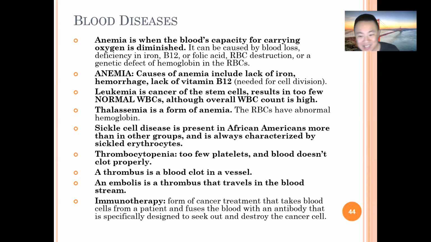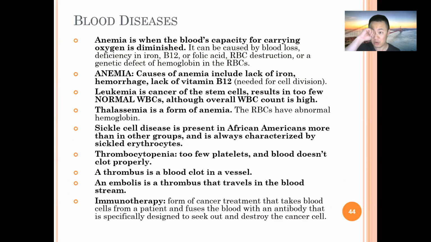Now, some blood diseases here, we have anemia, which is when the blood's capacity for carrying oxygen is diminished. It can have something to do with, but is not strictly connected with, the number of red blood cells. For sure, if you have not as many red blood cells, it will diminish the body's capability of carrying oxygen, which is an example of anemia, but it's not strictly anemia.